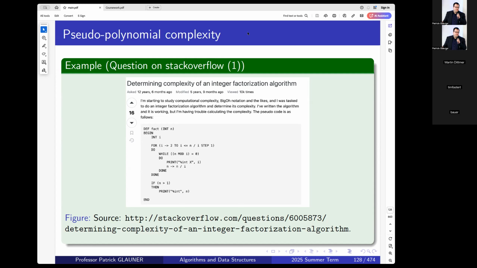We've always said we want a function f of n, and we had algorithms where the parameter that we passed was a list, for example, or some data structure to work on. Now, you could think about an algorithm that would do integer factorization. So we have an integer and we want to know what are its integer factors.